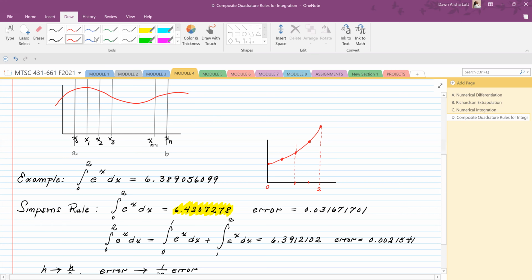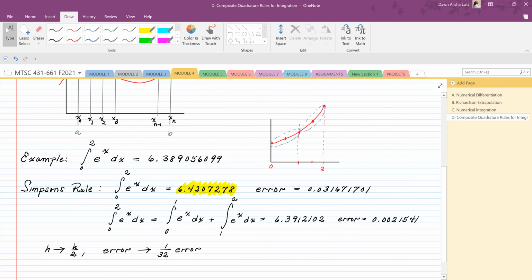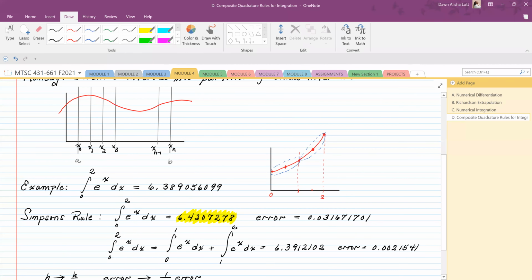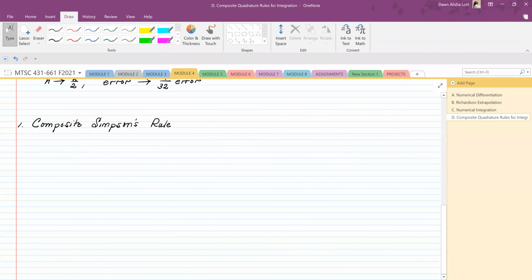And so now I did my quadratic on this piece and integrated, and then I did a quadratic on this piece and integrated and added them together. Is that clear to everybody? Yes. Good.